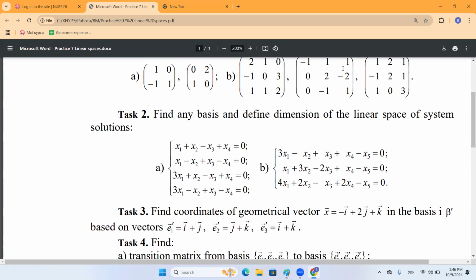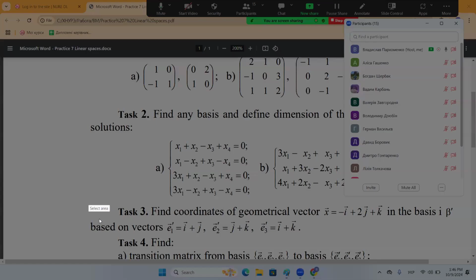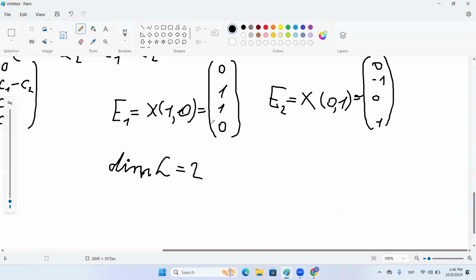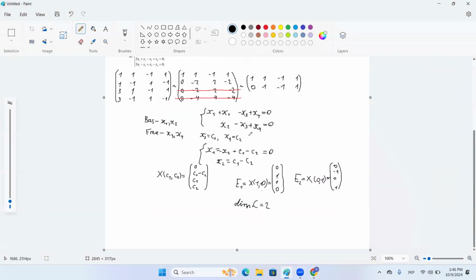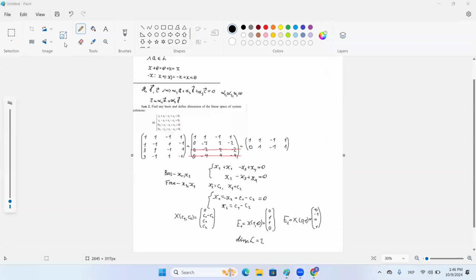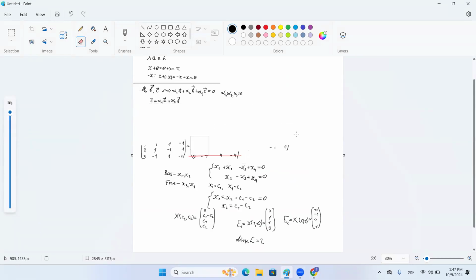Okay, the next exercise, exercise 3. Let's copy and paste it. And I will clear all my drawings, not all, I will leave some theoretical material.